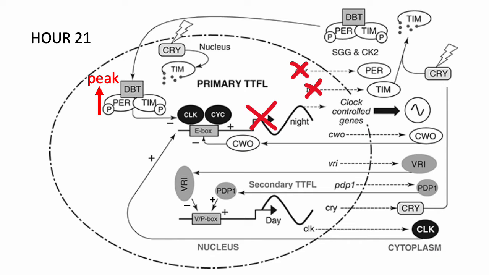So we can see here it acts as a repressor on the CLOCK-CYCLE heterodimer, which facilitates the transcription of, among other things, per and tim. And so that mRNA simply is not being made anymore here in late subjective night.